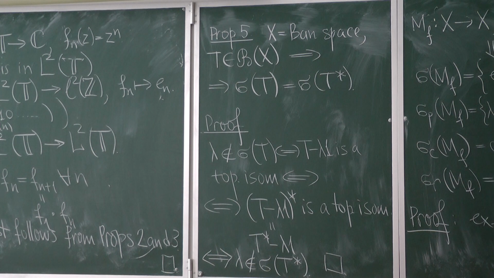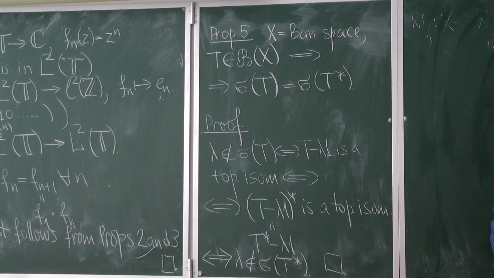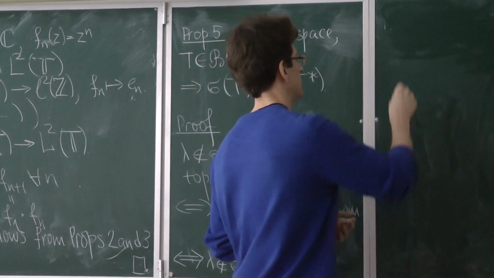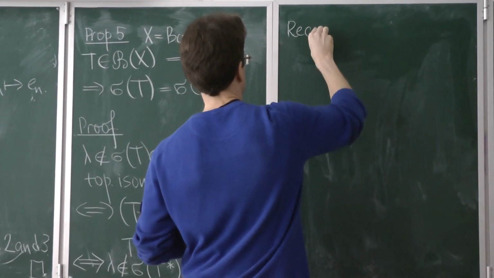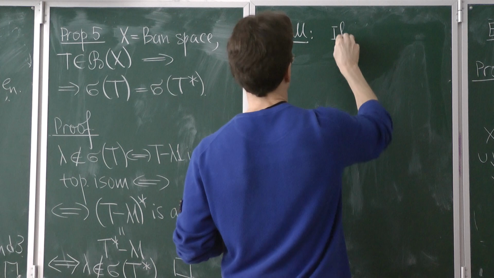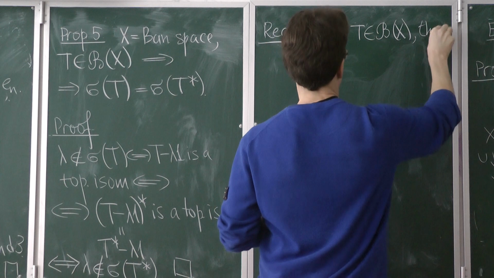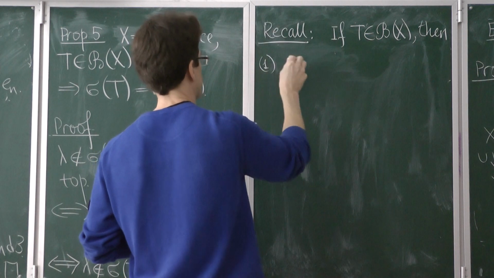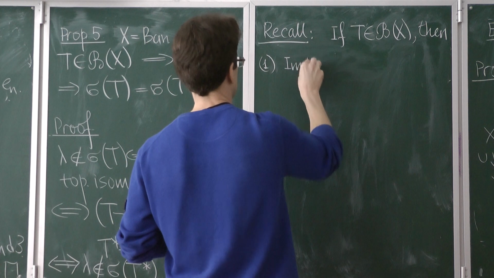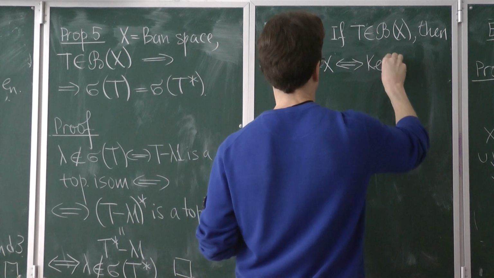Okay, now how about the parts of the spectrum of T and T star? Well, to answer this question, let's recall the following fact from duality theory. If T is a bounded operator on the Banach space X, then property 1: the image of T is dense in X if and only if the kernel of T star is trivial.